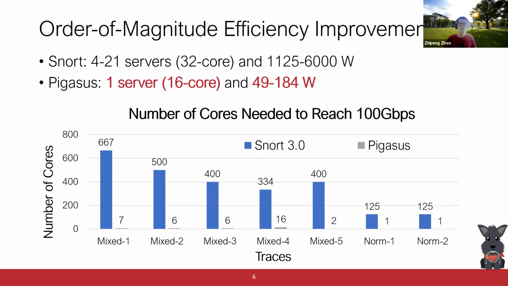Now let's compare the performance between Pigasus and the software baseline. In this graph, you can see that among all the empirical traces, Pigasus consistently uses a handful of cores. Overall, we only need one server with less than 200 watts in order to achieve 100 gigabit per second. And this is an order of magnitude efficiency improvement over the software baseline.